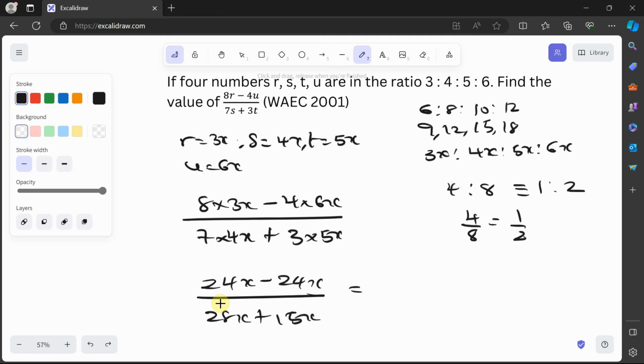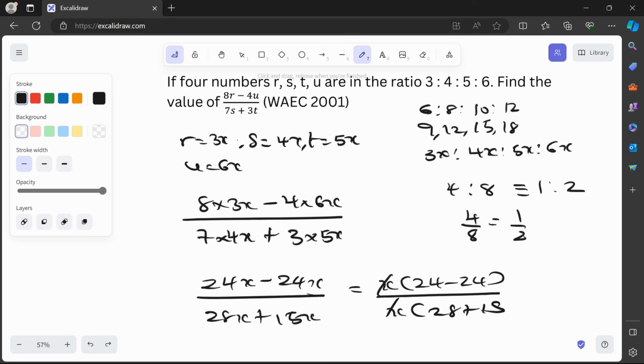So we know that 24x minus 24x will give us 0. But if I didn't want to do that first, I could factor out x from the top and x from the bottom. So that would be x open brackets 24 minus 24 all over x open brackets 28 plus 15. Then I could cancel out.